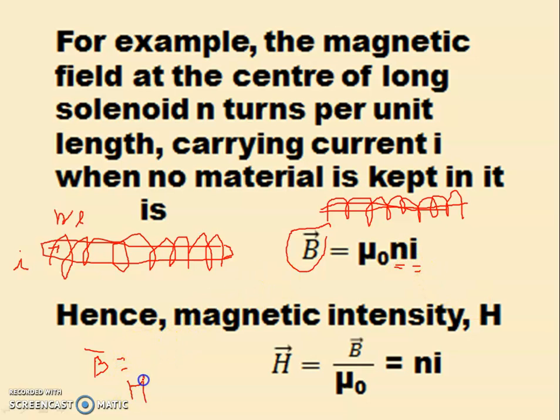Therefore vector H is equal to mu 0 n I divided by mu 0. Now this mu 0 gets cancelled and the remaining thing is n I. That means vector H is equal to n I.